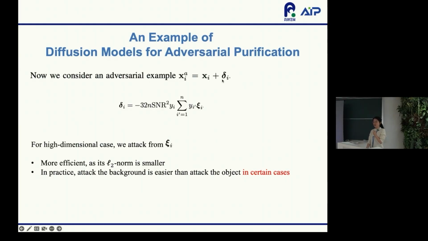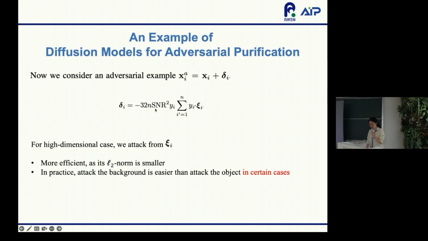For the attack, we have a natural assumption that it comes from the design of psi, the noise part, not from the signal part. The reason is that if we attack the signal part, then we have to reverse the label, which is very costly, and the L2 norm between the adversarial example and the clean example will be very large as well. So we build this attack from psi, the noise.